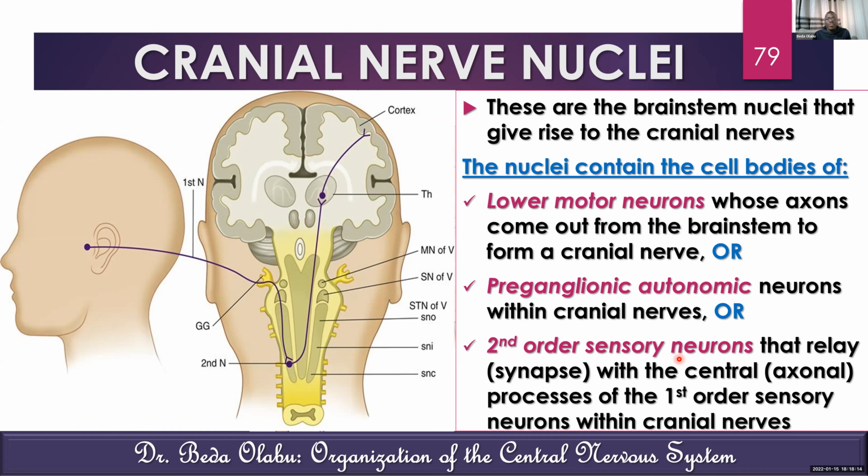This is because the sensory nerves which carry proprioceptive information from the head region do not have their cell bodies within the trigeminal sensory ganglion. They are unipolar neurons. They have their cell bodies within the midbrain. That's the only exception to that rule. Otherwise, these are the categories of cell bodies that constitute the cranial nerve nuclei.